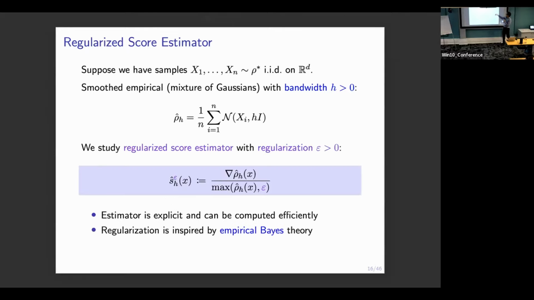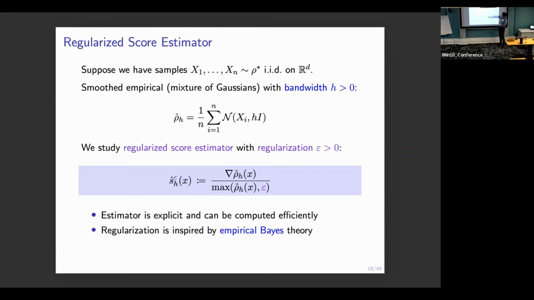Then in principle, this is a good estimator for some smooth version of rho star. And in principle, we can try to take the score function of this one. But instead, we will regularize it a little bit. So the estimator that we study is the following regularized score estimator. We take the gradient of this density and then divide by the maximum of the density, comma, epsilon, for some parameter epsilon.